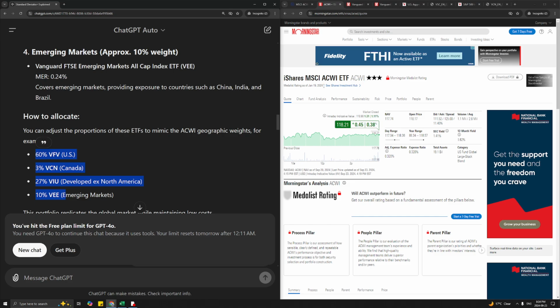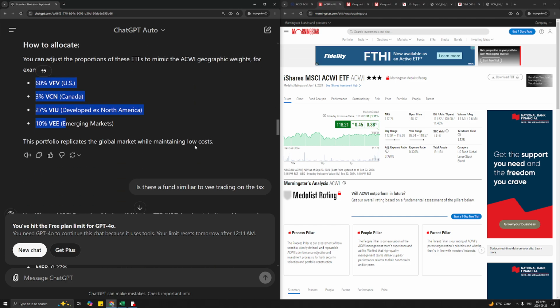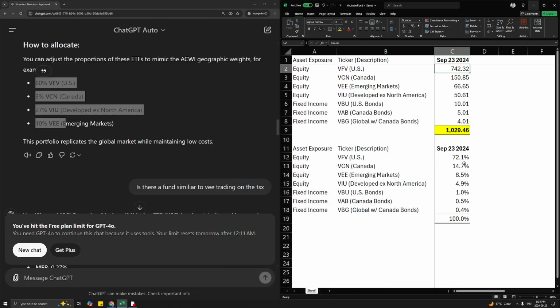This is my enemy. I'ma beat this guy, the ACWI ETF. I'm gonna try to beat this fund. We would get similar returns to this if we were following this weight: 60%, 3%, 27%, 10%. My weights right now are going to be 72% US.